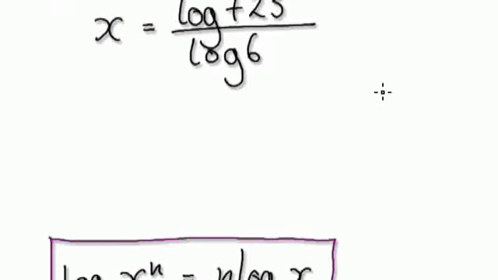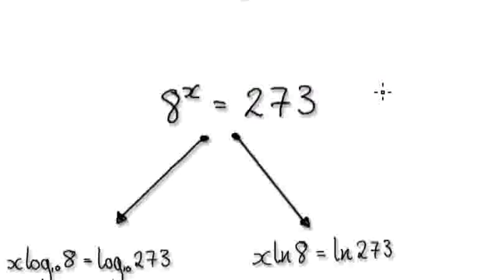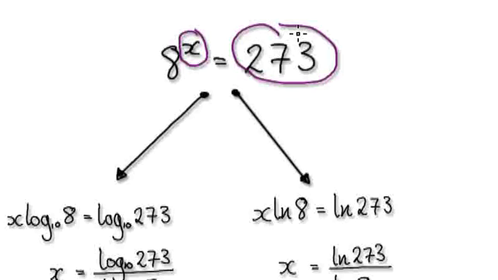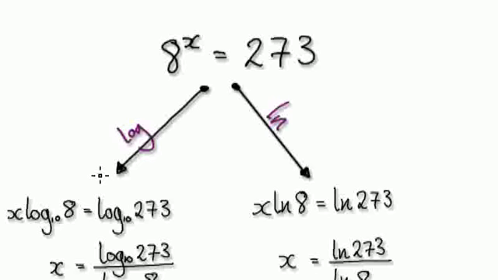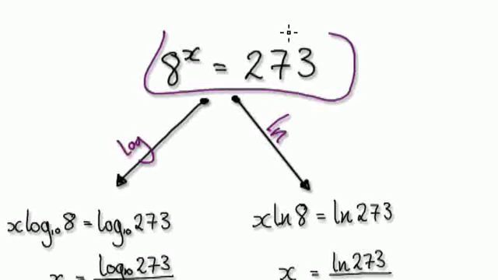Let me give you an example. Let's say you're asked to solve 8 to the power of what will give us 273. Here is the normal log method, and this is the natural log method. With the normal log method, you start here and log both sides.